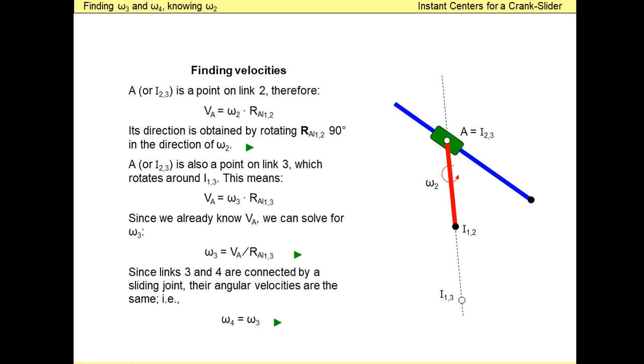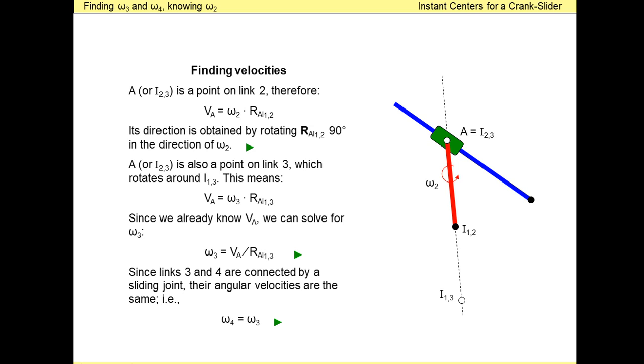If OA or O1A is the link with angular velocity omega 2, and the point A lies on the link, then the velocity of A is angular velocity into length of this link, where R A I12 represents the length of this red link. The length of this red link multiplied with the angular velocity will give the magnitude of velocity A.